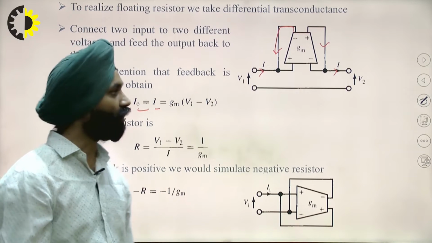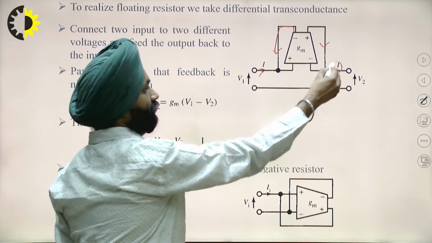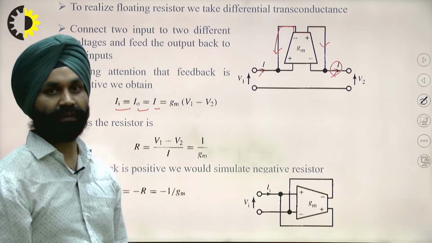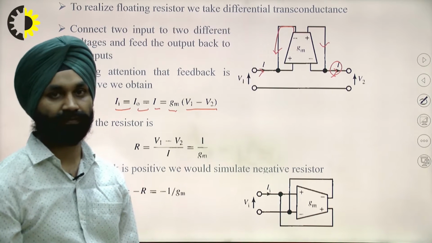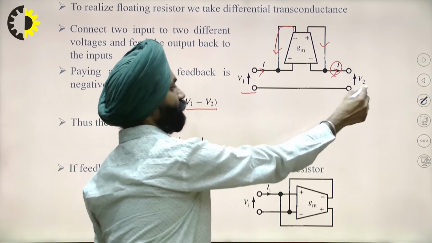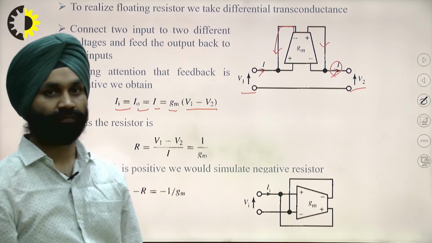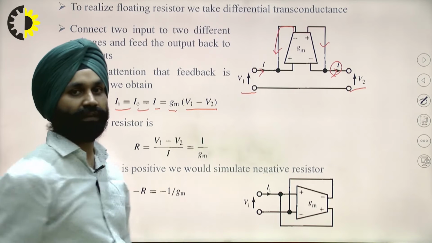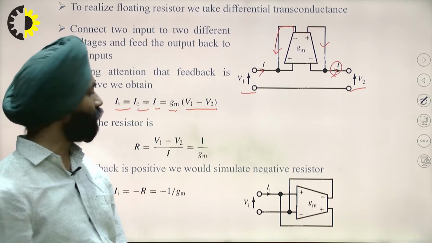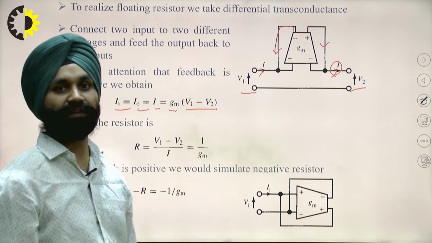The output current is Gm into the voltage difference, which is V1 minus V2. So from here again, if I take the ratio of the voltage and the current, that will give the resistance.